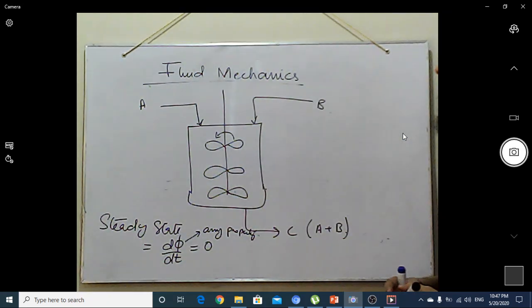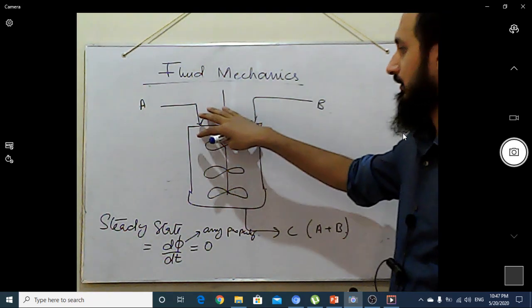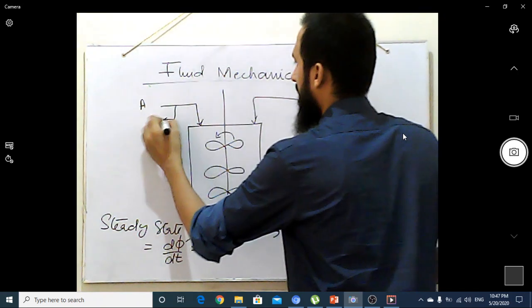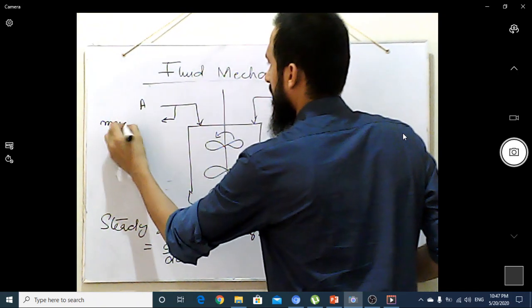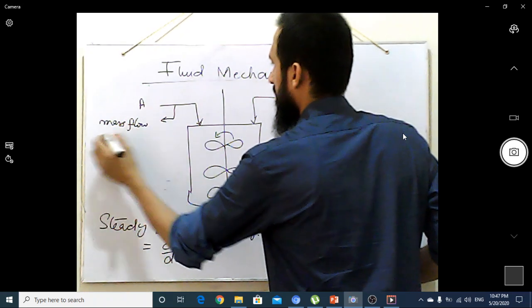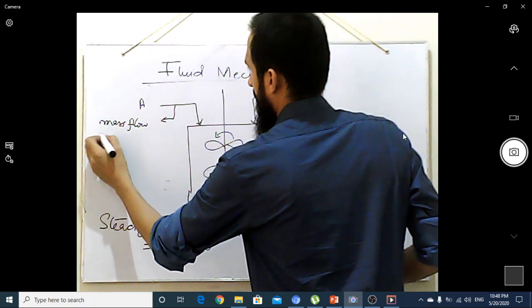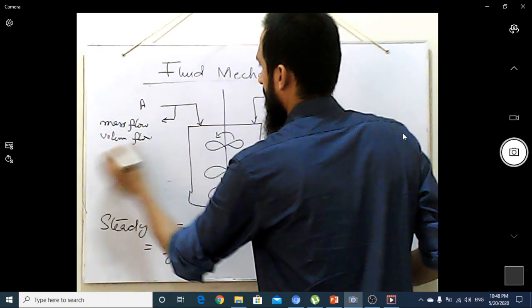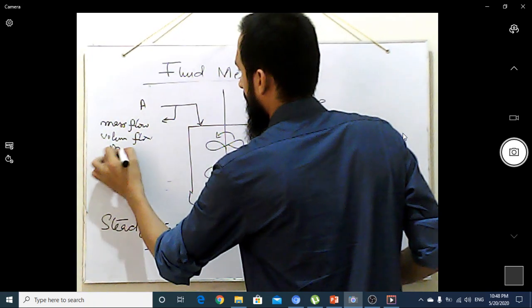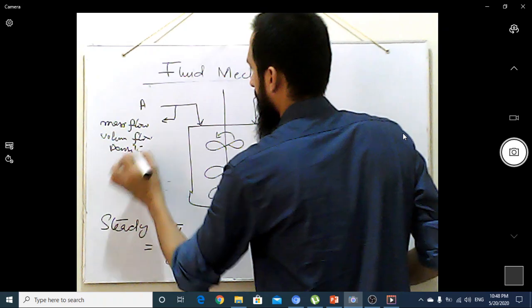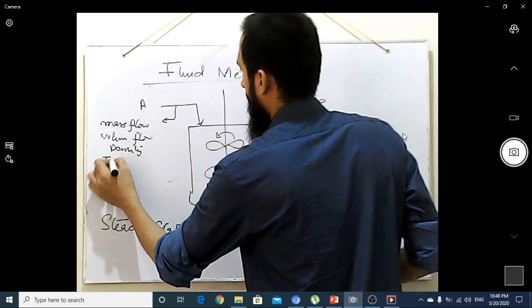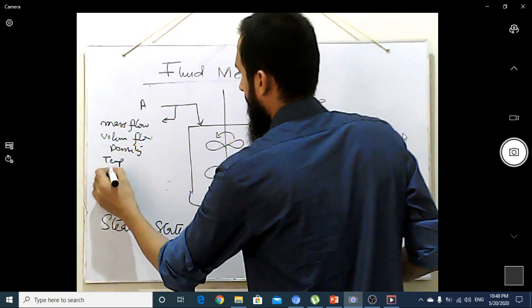Let's suppose this is a continuous process, so definitely you are watching the mass flow rate, volume flow rate, the density, the temperature, and pressure.